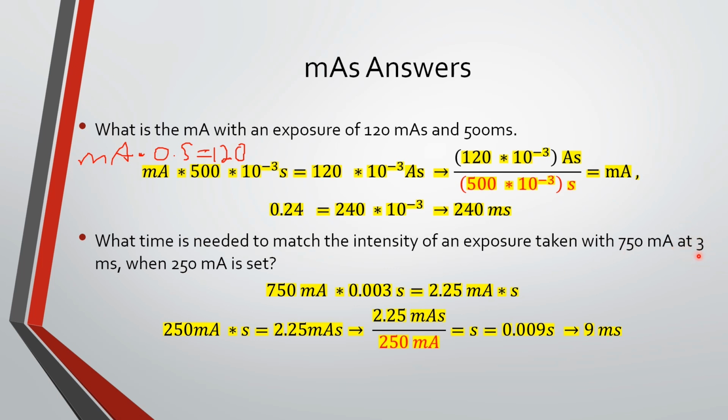If we increase the time by 3, we get 9 milliseconds. This is very mathematical, and it will always get you the right answer. Once you understand the concept well, you can intuitively see this relationship between these two, and you increase the time by a factor of 3 in order to achieve the same mAs.